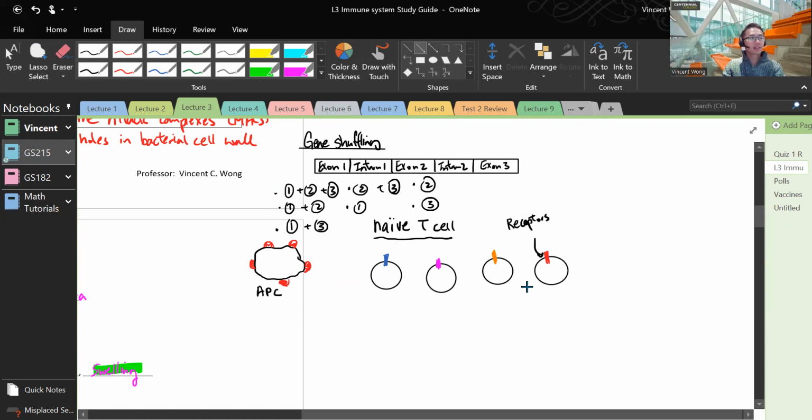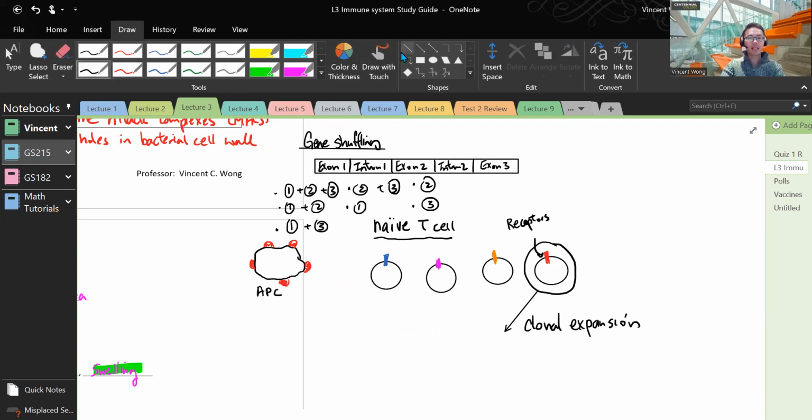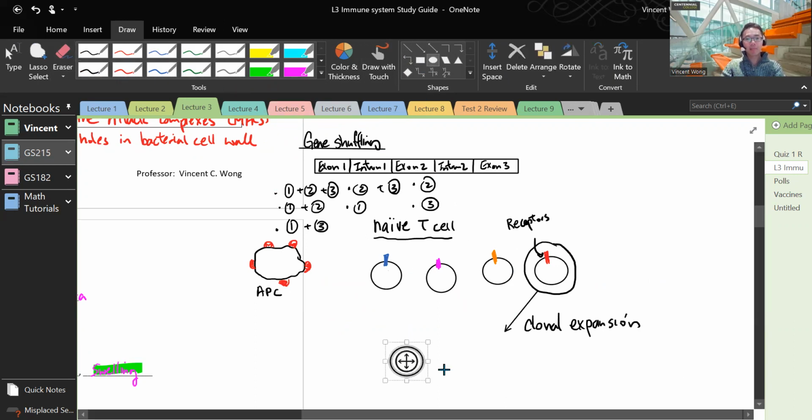Okay. So once it has been chosen, this is the chosen one, it is going to undergo clonal expansion. Clonal expansion, which basically means it is going to make many copies of itself.